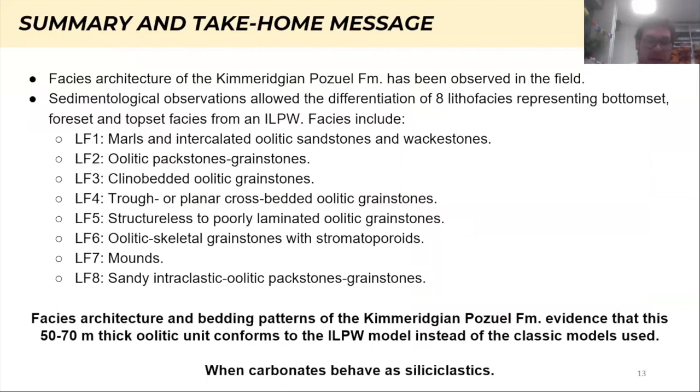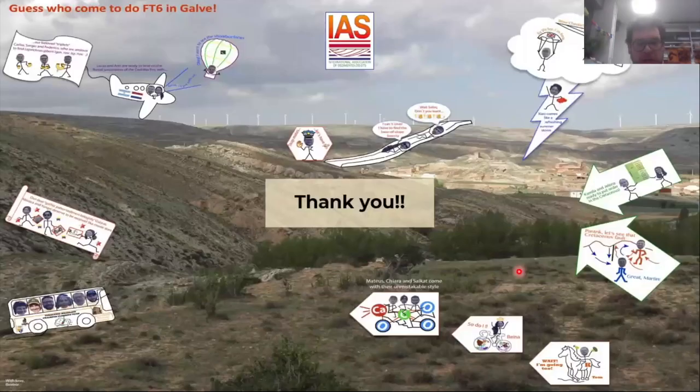The facies architecture and bedding pattern of the Kimmeridgian Pozel formation evidence that this 50 to 70 meter thick oolitic unit conforms to the infralittoral prograding wedge model instead of the classic model used. So we saw how carbonates behave as siliciclastics in this field trip. Thank you for your attention. Any questions? Thank you again.